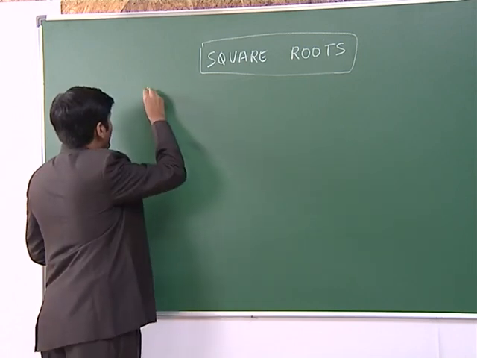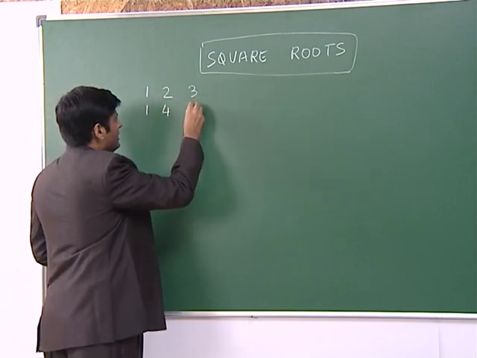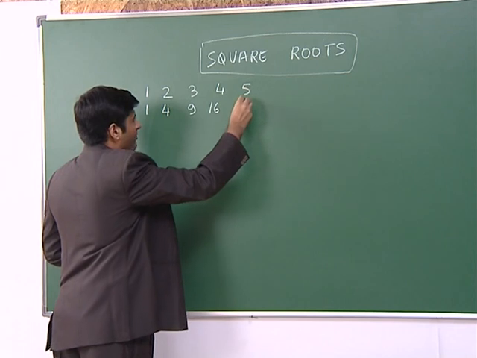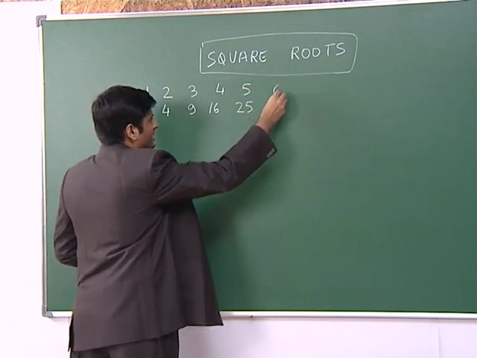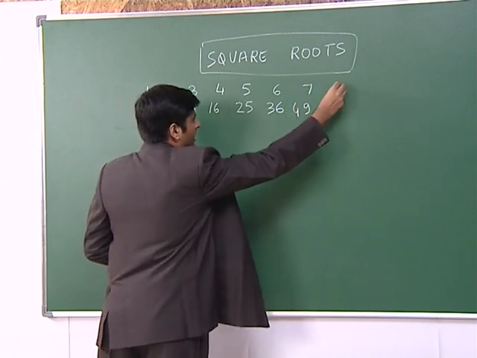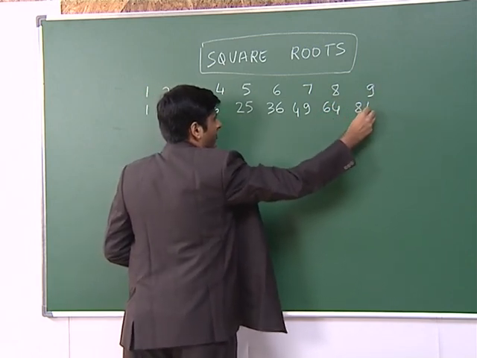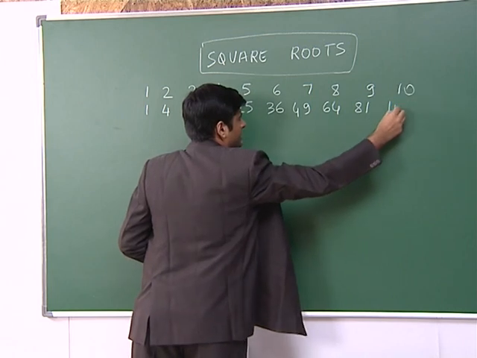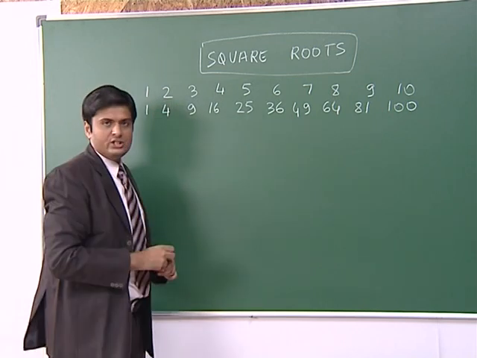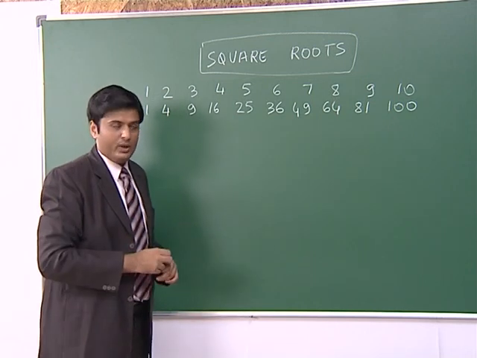So, square of 1 is 1, 2 is 4, 3 is 9, 4 is 16, 5 is 25, 6 is 36, 7 is 49, 8 is 64, 9 is 81 and 10 is 100. So, we have taken numbers from 1 to 10 and we have written the square of each number below it.